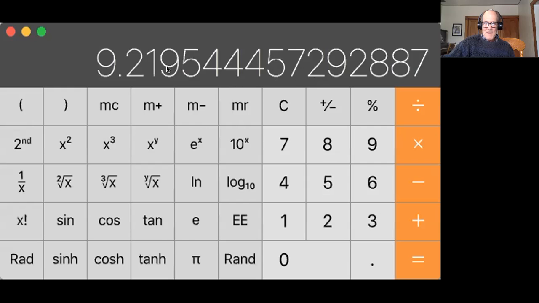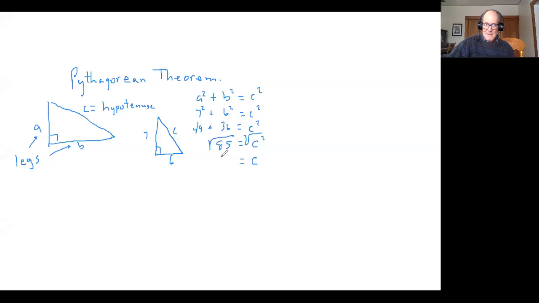But I don't really need all of these digits, so I'll just round it to 9.2 or maybe 9.22. Okay, I'll round it to that. So let's put it back up here. So 9.2.